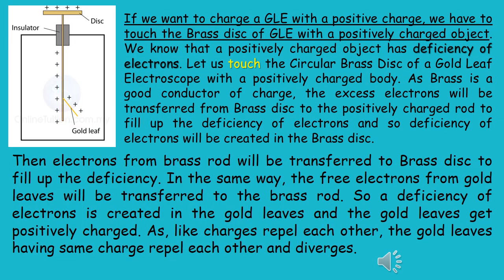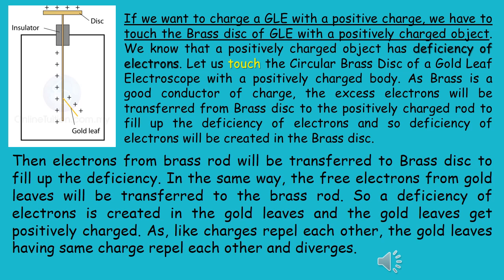Now, let us try to charge a GLE with positive charge by the method of conduction. So, obviously, we know that conduction gives similar kind of charge. So, we have to touch the brass disc with any object which is already positively charged. Let us think about one glass rod which is rubbed with a silk cloth.